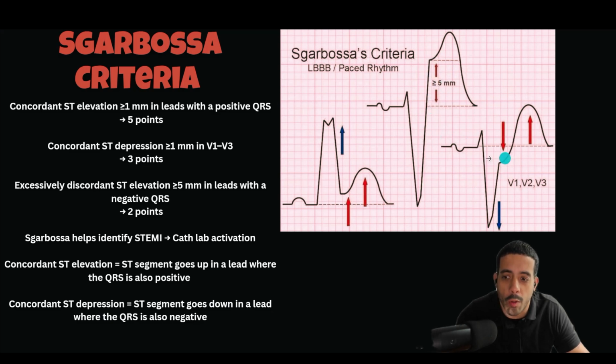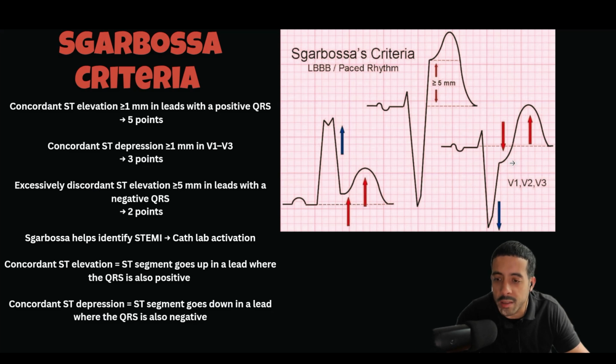So for the Saragossa criteria of 3 points, what you'll see is just 1 box depression on a QRS that's pointing downwards in V1, 2, or 3. This person will get a total of 3 points. And why is it important? Because this helps identify a potential STEMI.